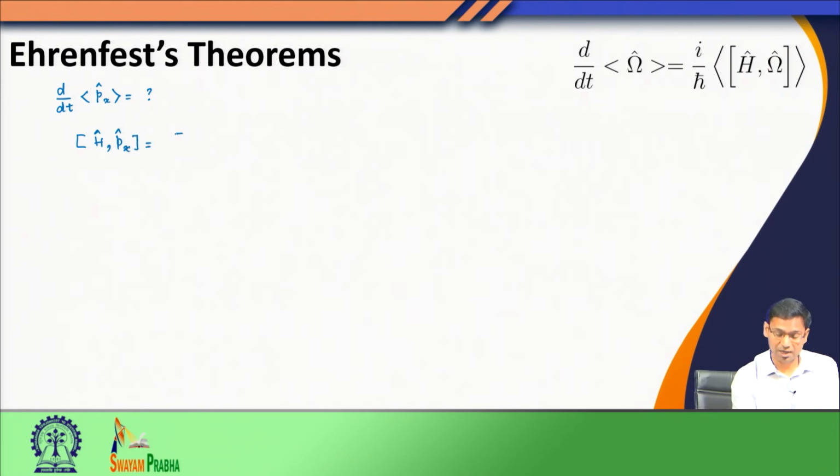The Hamiltonian will have a kinetic energy term plus a potential energy term, and I can write this commutator as the sum of two commutators. The first one will be p square with p, and that will become 0. So I am left with the commutator of V, the potential energy operator, and the linear momentum operator.